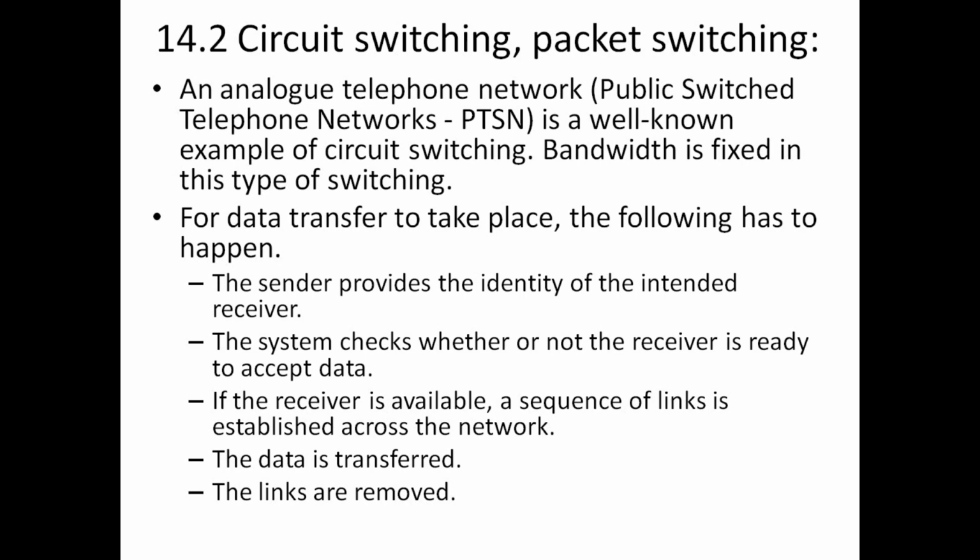If the receiver is available, a sequence of links is established across the network, so a dedicated pathway is established temporarily between you and the receiver, so you two can talk or communicate with each other. The data is transferred. Once the data finishes, once the call is over, then the links are removed, so the same links can be used for any other dedicated communication.